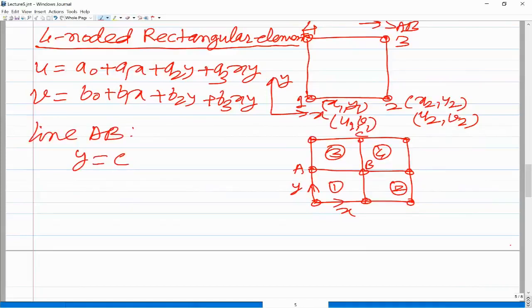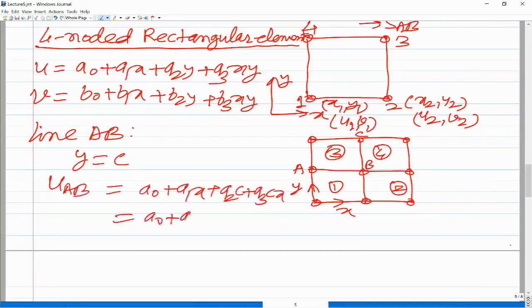Now along line AB, y is constant. So if you look at the variation of u along AB, it would be a0 plus a1x plus a2c plus a3cx. So you can write this as a0 plus a2c, these are constants, and then you have a1 plus a3c into x.